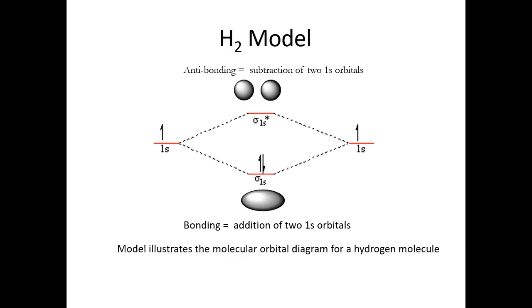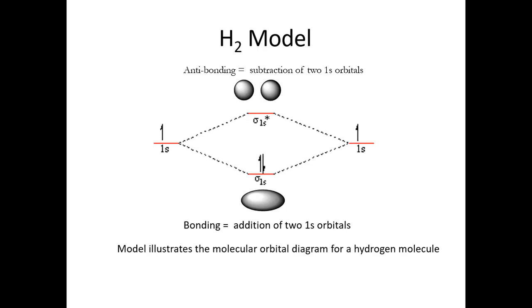So in the bonding orbital, you have constructive overlap, where both orbitals add together. They share a pair of electrons between them. And then at the top is destructive overlap. There's no electrons there, and the orbitals have different signs, right? So that will be your anti-bonding orbital.